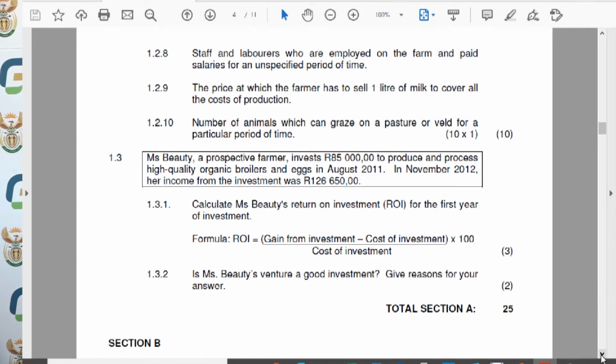So coming to the example, the gain from investment for Miss Beauty was 126,650.